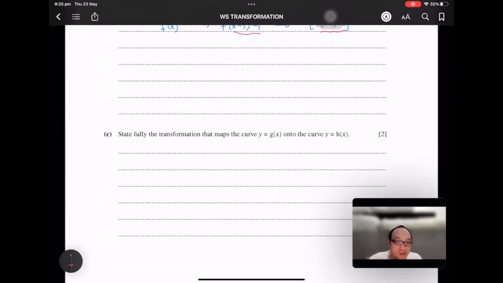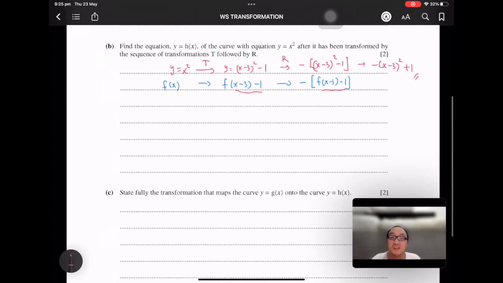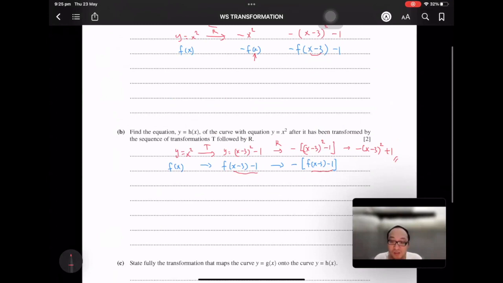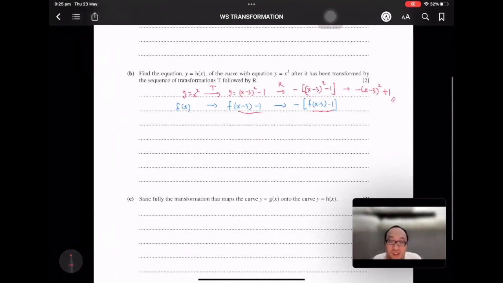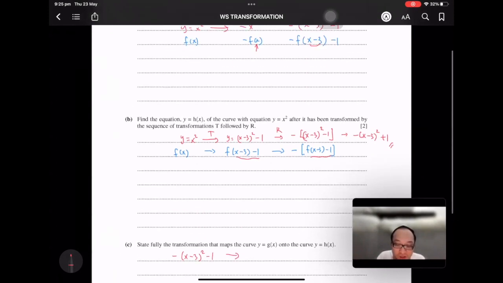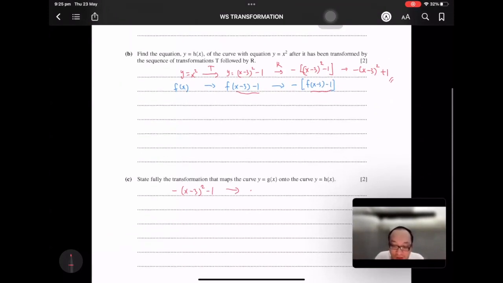State fully the transformation that maps the curve y equals g(x) onto y equals h(x). So how do we convert from minus (x minus 3) squared minus 1 to become minus (x minus 3) squared plus 1?